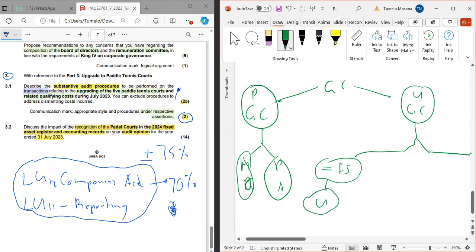But if it cannot be disclosed accurately in the financial statements, then if it is material, you would give a qualified report, and if it is pervasive, you give an adverse report. So it is not a one solution fits all with regards to going concern.